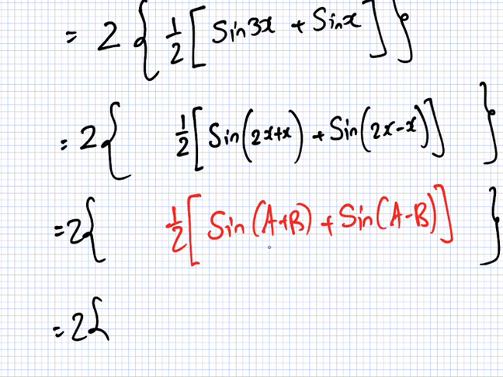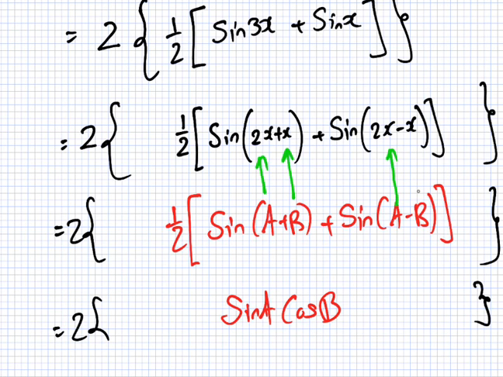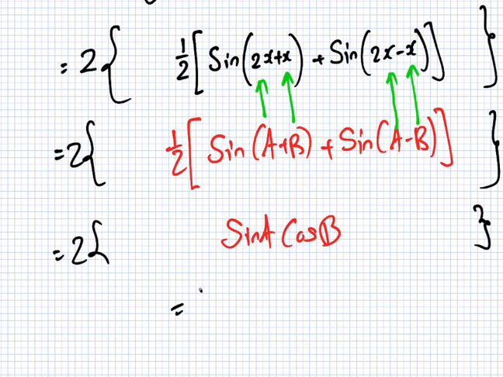This one here is sine A cos B. In red, this piece here will be sine A cos B. And we can see what the A is. The A is 2x, the B is x, and of course the same should be true here. So I have as my answer 2 sine A cos B.